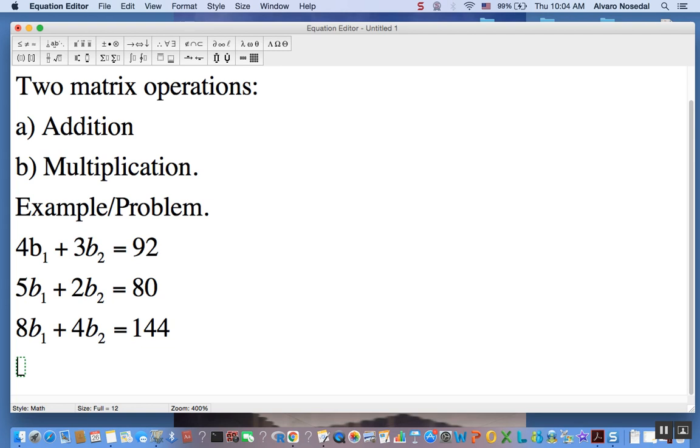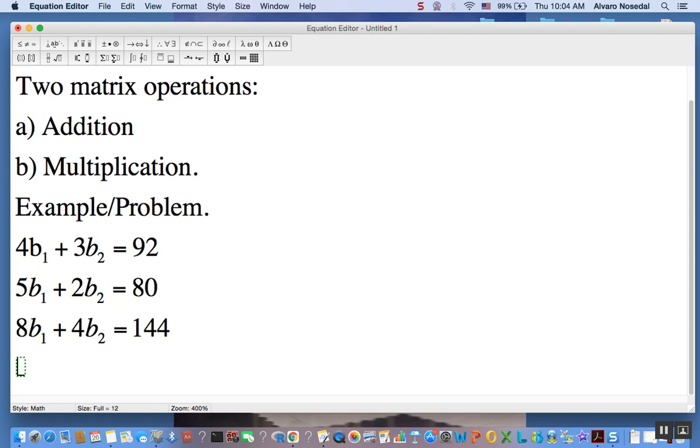Well, now that you remembered what a solution is, let me give you one. For our example, it's not going to be that hard to find a solution, right? Even if you don't remember how you can find a solution for this system of linear equations, you can easily check whether or not a pair of numbers b1, b2 is a solution for the system. Okay? Checking is going to be easy.